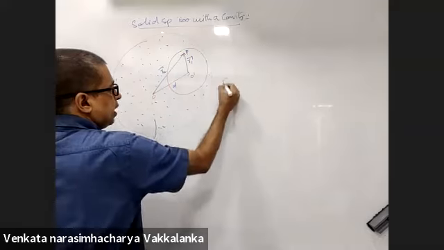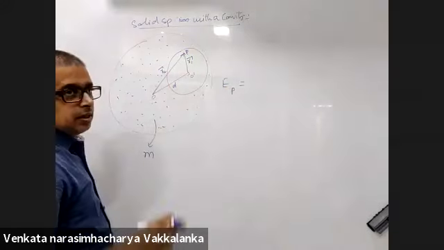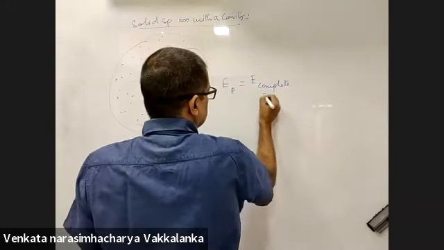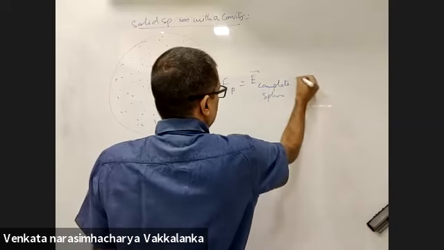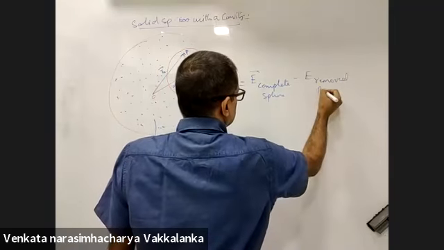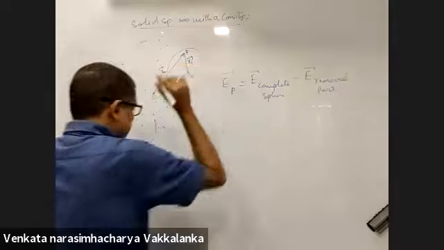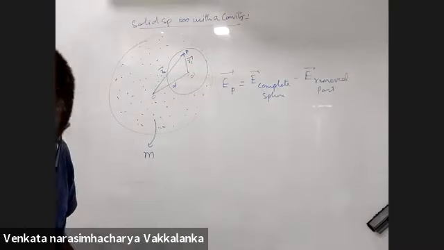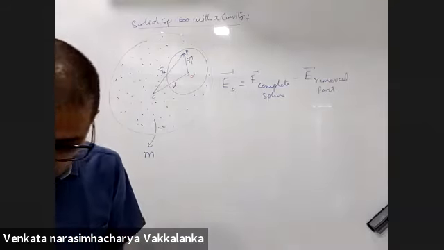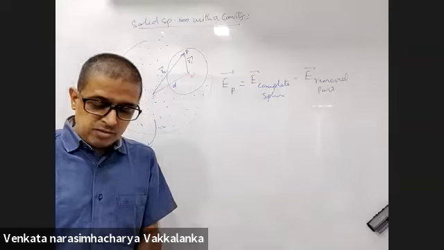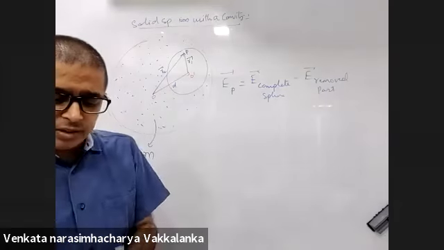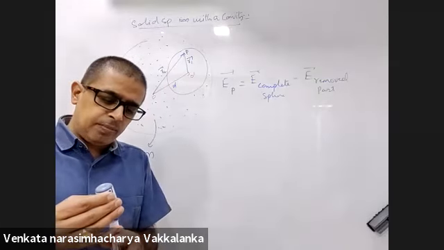Field at the point P: can I say it is field due to the complete sphere minus field because of the removed part? Are you people convinced? Yes, sir. Field because of the complete sphere minus field because of the removed part. Now, what is the expression for field due to the complete sphere?